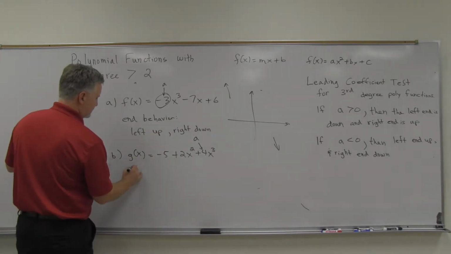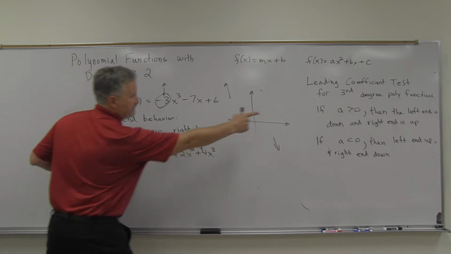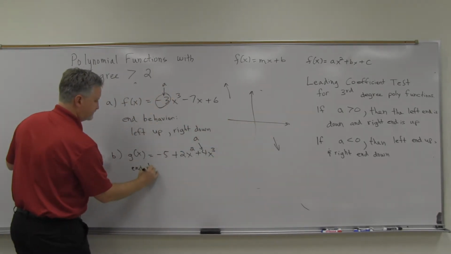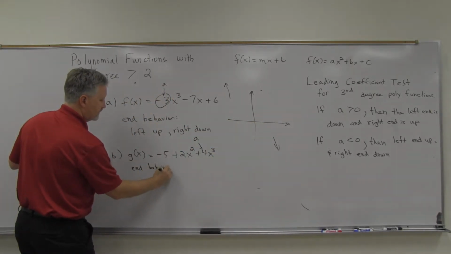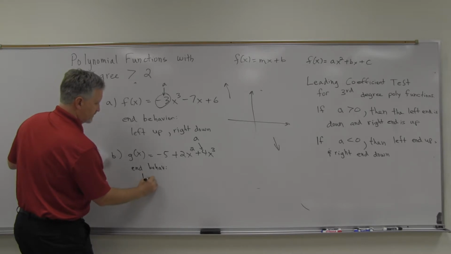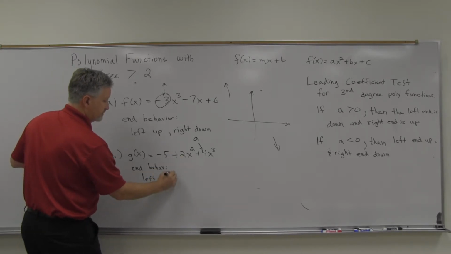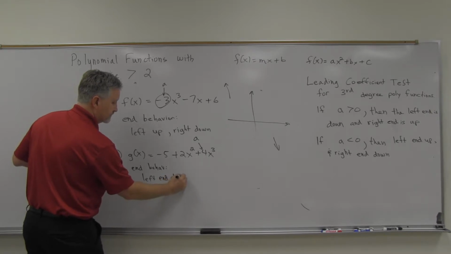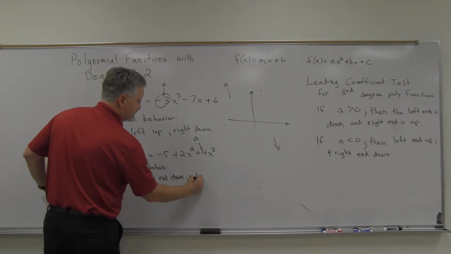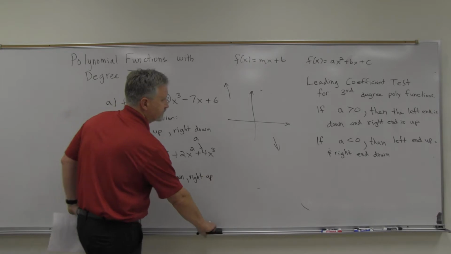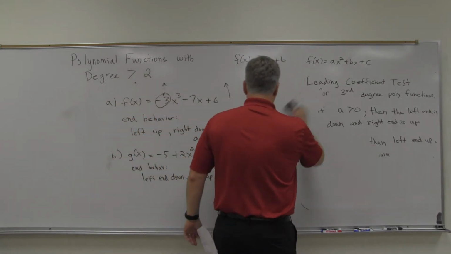The A is there, so the end behavior would be the top one, right? If A is greater than 0, left end down, right end up. Okay, any questions?